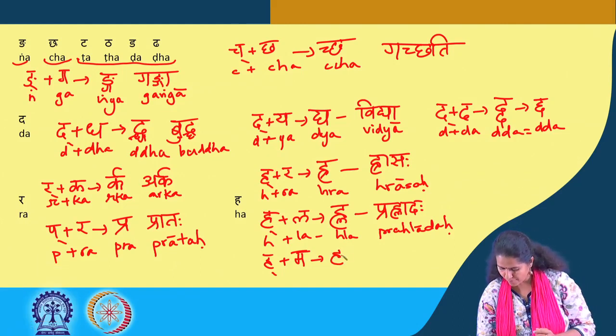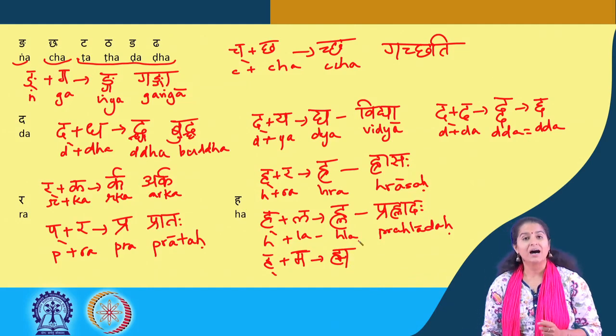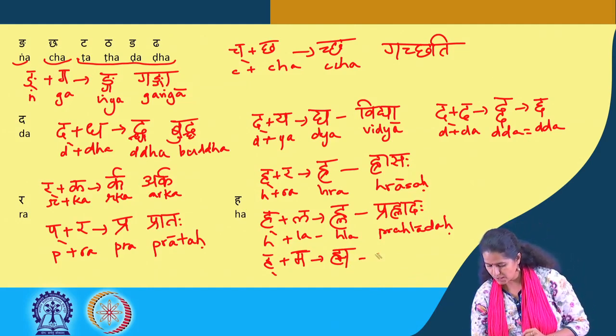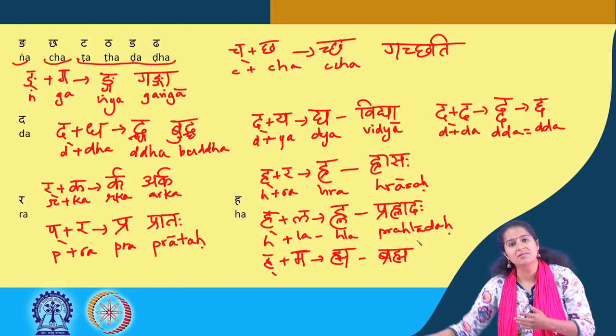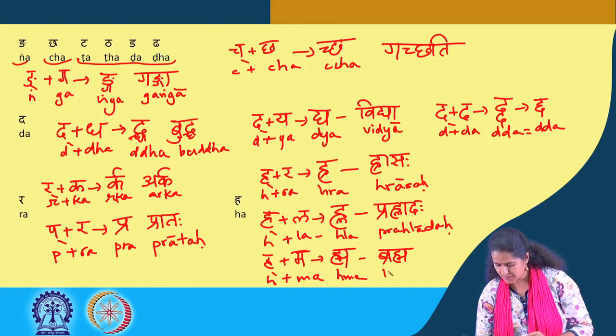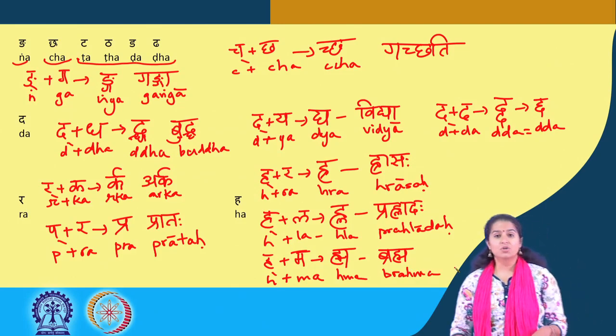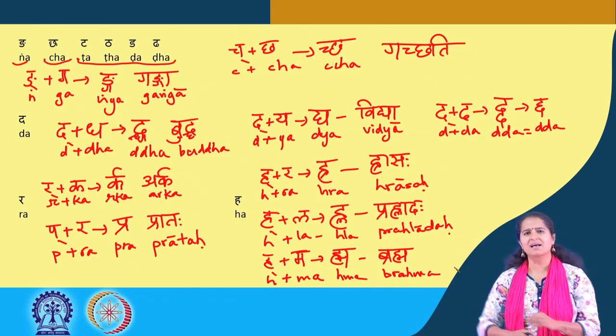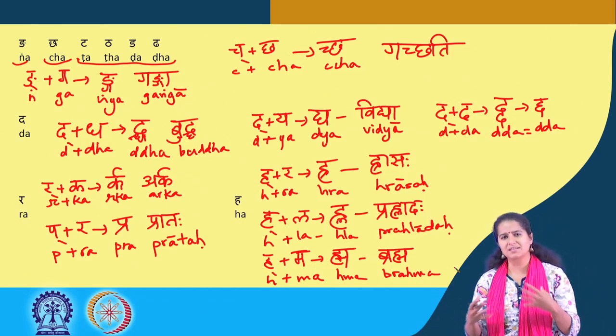So you have ha, it comes under, and the other one goes all the way to the top, hma. So we have the word Brahma. As you are saying it, you can literally write it out, which is again a very special feature. H plus ma gives you hma, and this is Brahma. Yeah.